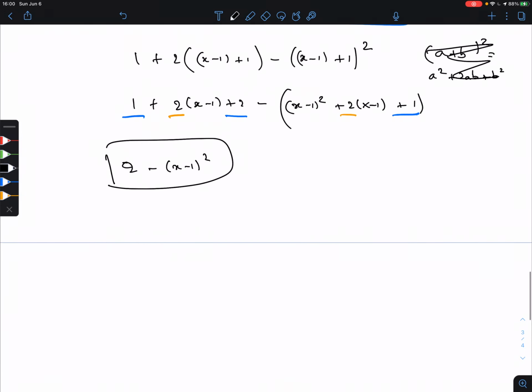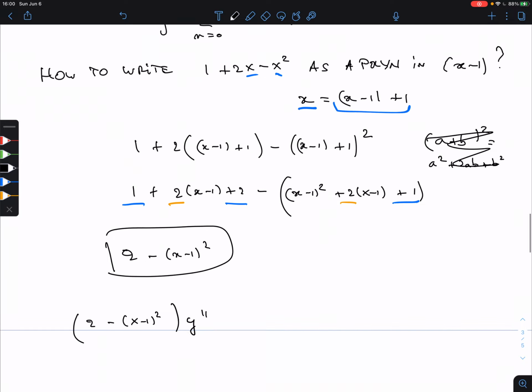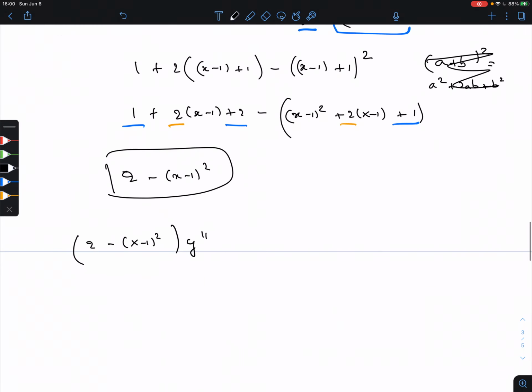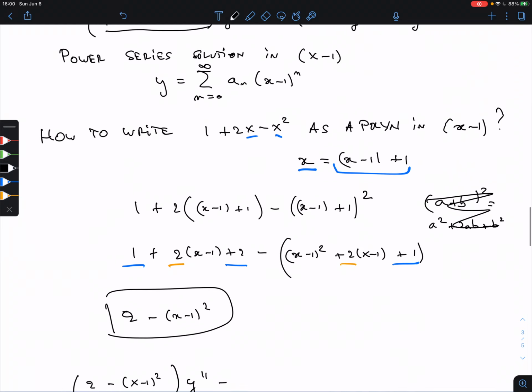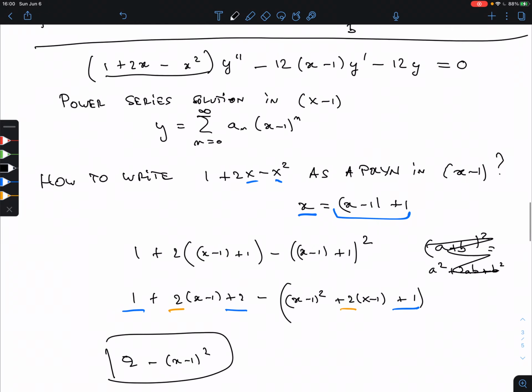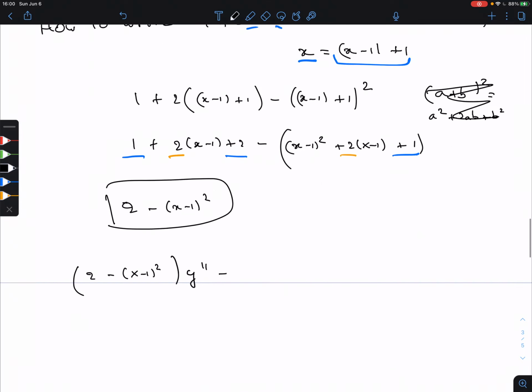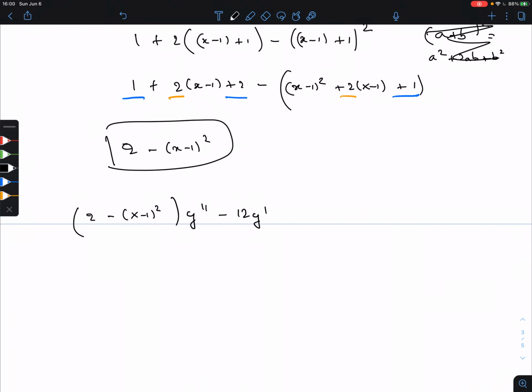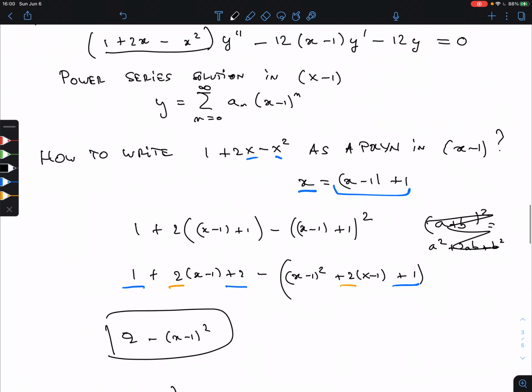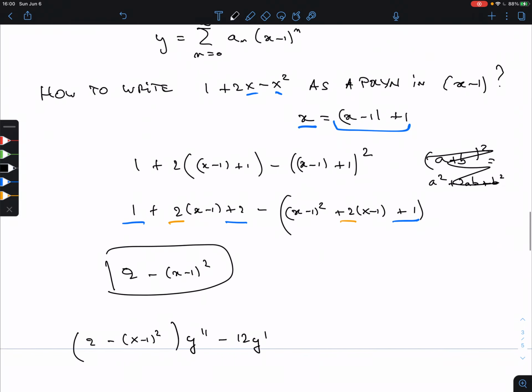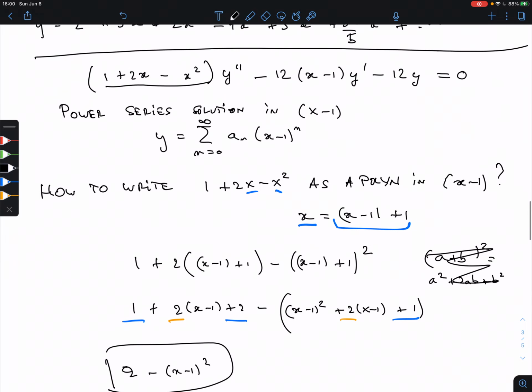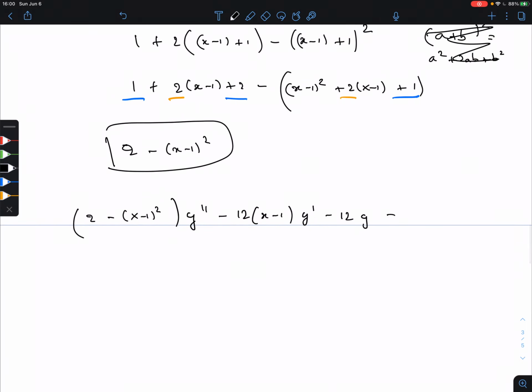So this will become now 2 minus x minus 1 squared y double prime, minus 12 x minus 1 times y prime, minus 12y is 0.